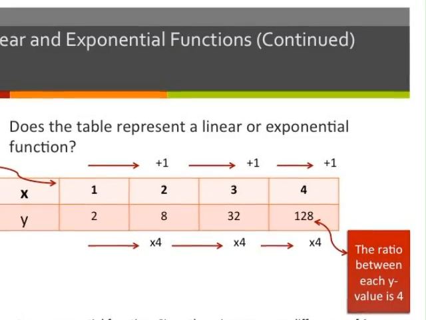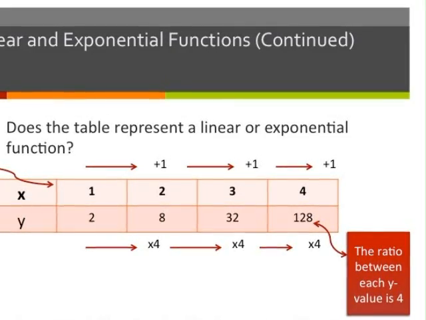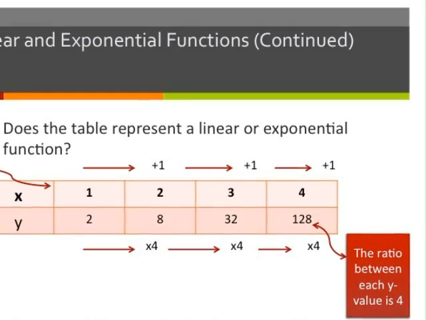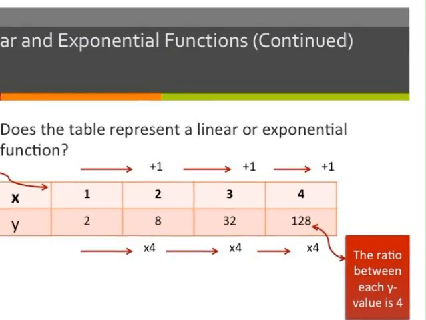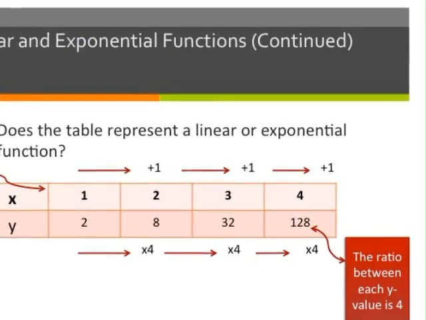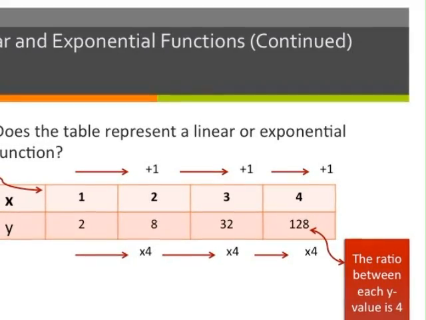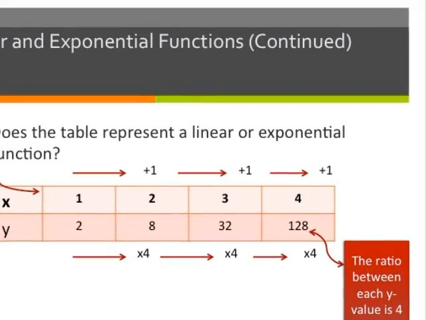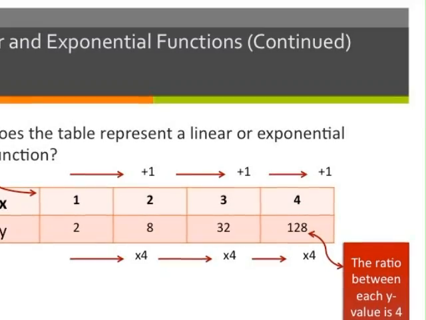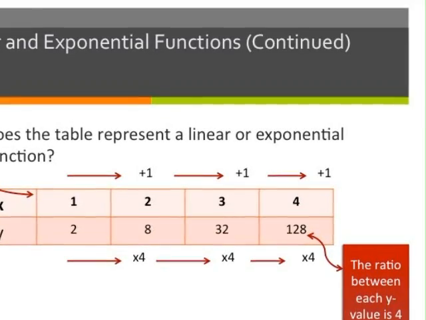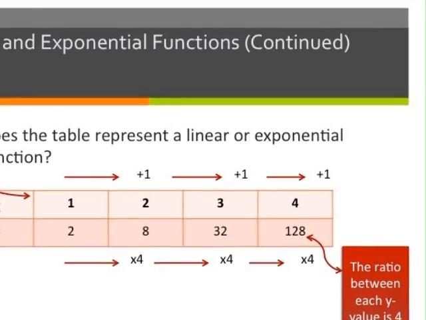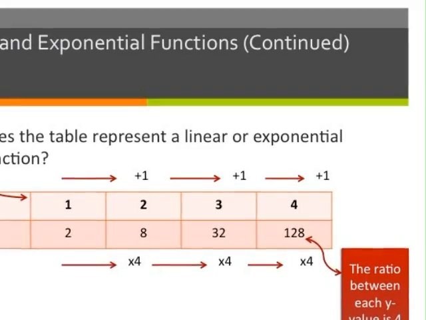Therefore, we have a common ratio between each y value of 4. The table represents an exponential function, since there is a common difference of 1 between the x values and a common ratio of 4 between the y values.